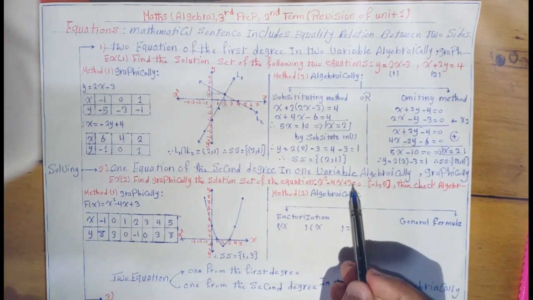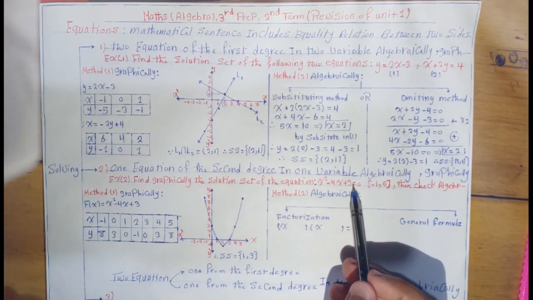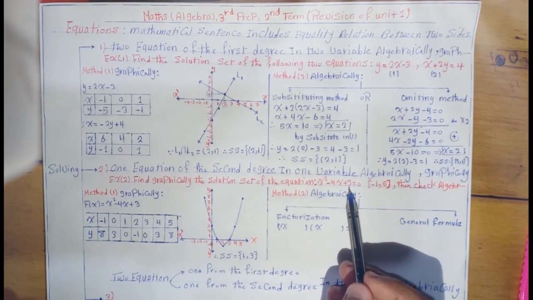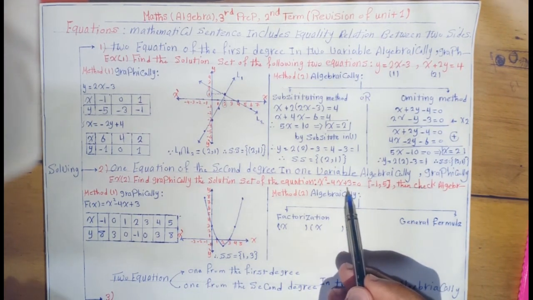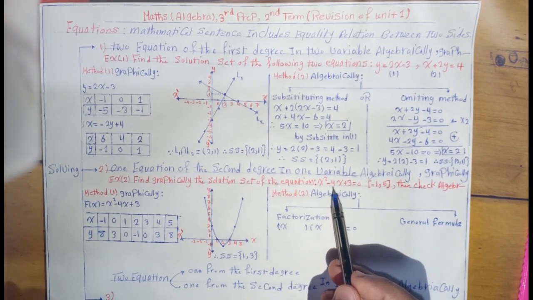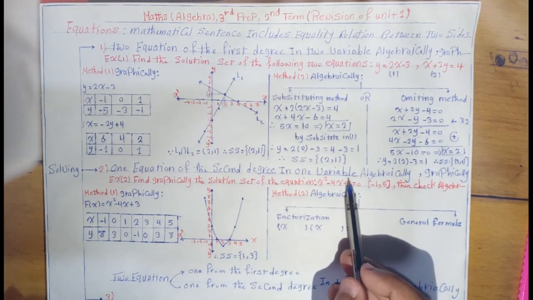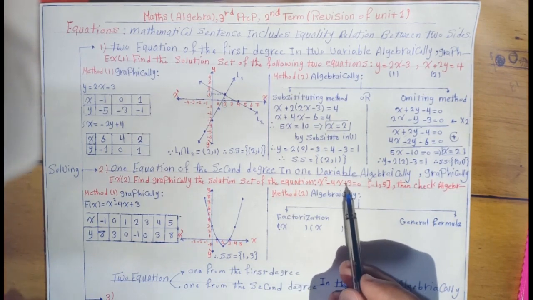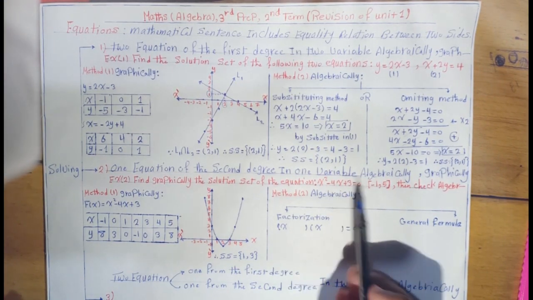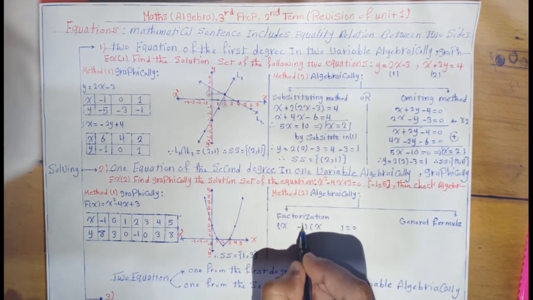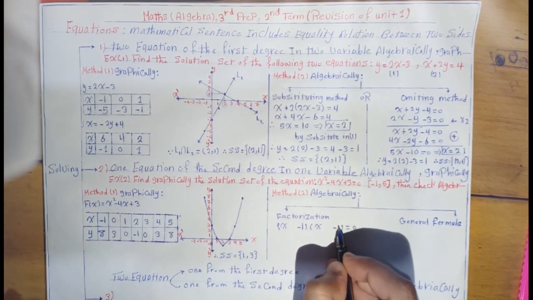And now we look for two numbers whose product equals positive 3 and whose sum equals negative 4. Yes, negative 1 times negative 3.